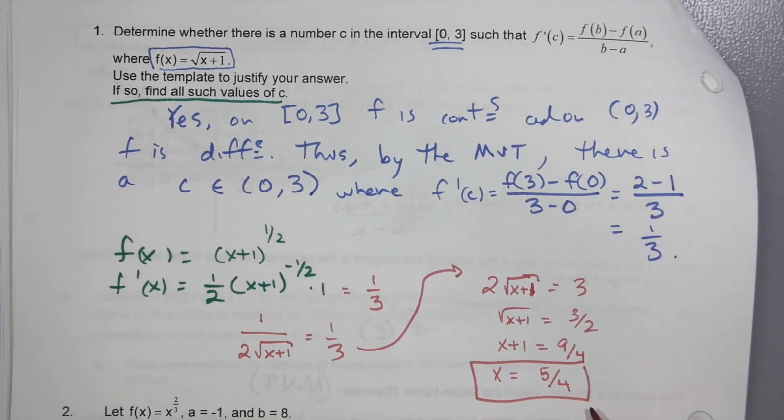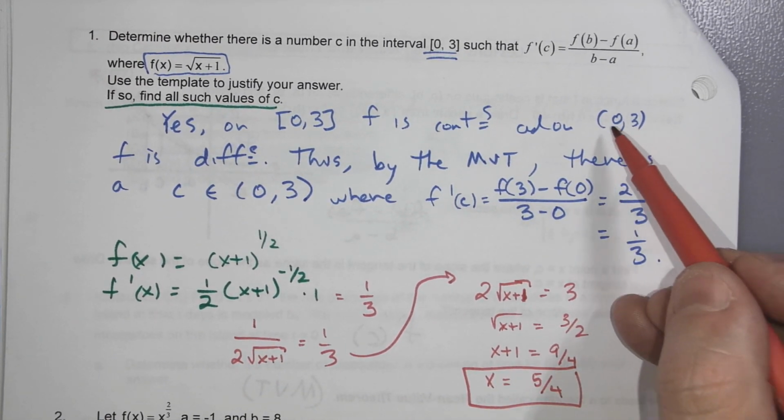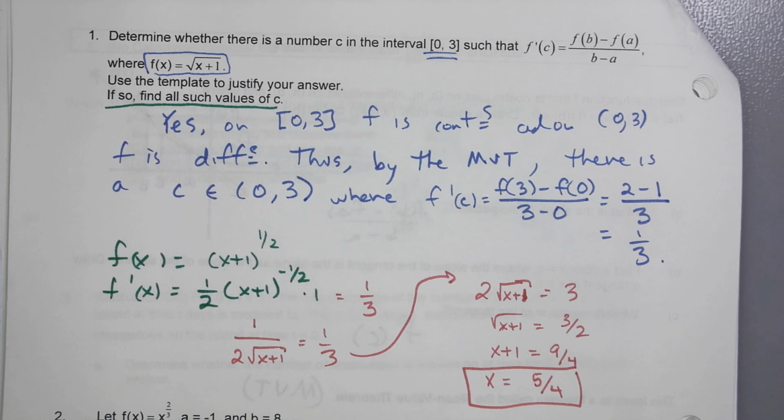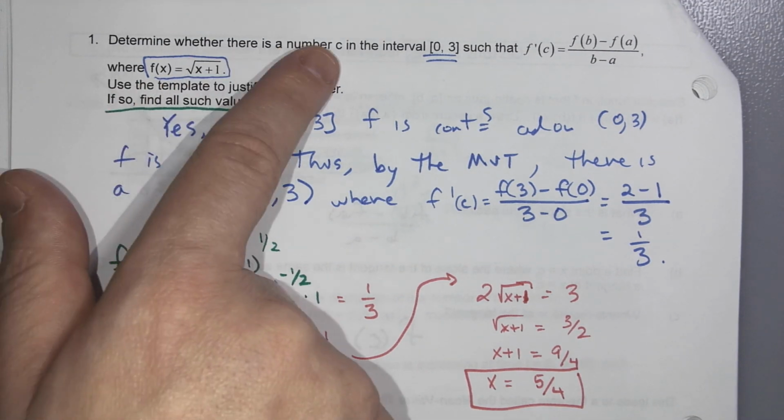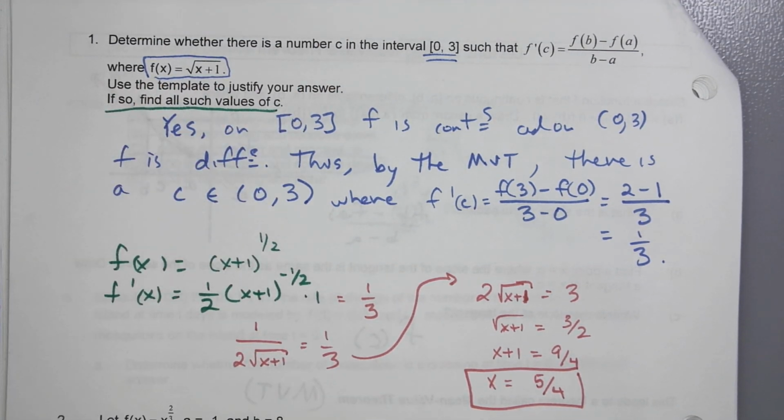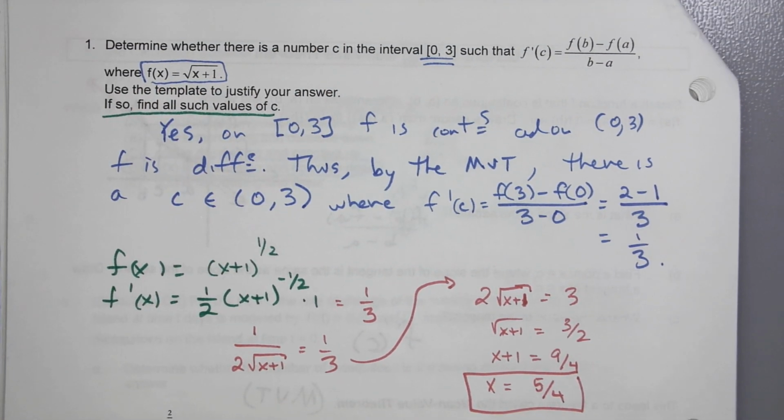And notice 1.25, or 5/4, is indeed in the interval from 0 to 3. So this would be a complete way of handling this question, which is saying show that such a number exists. Use the template to justify that it exists, and then actually find it.